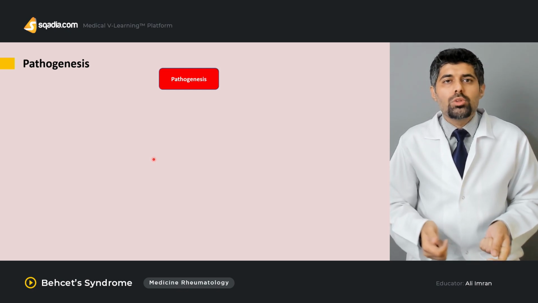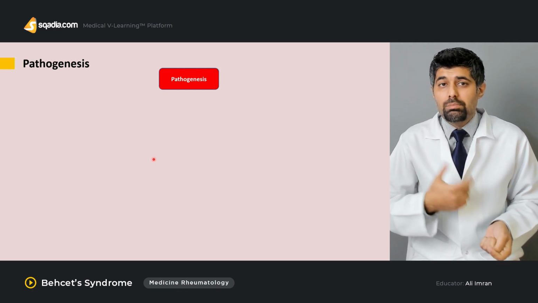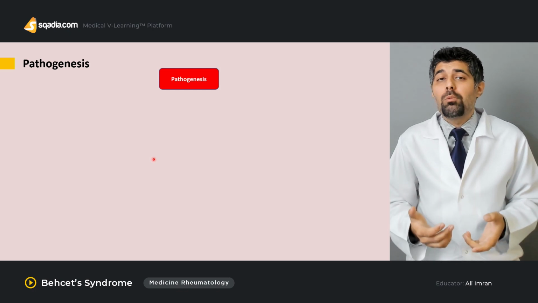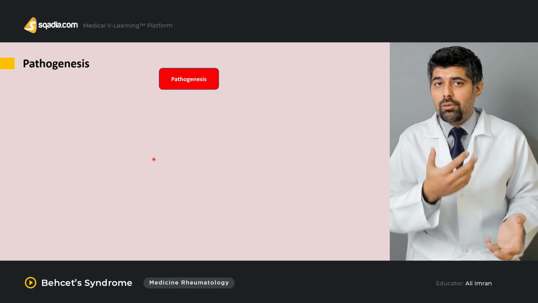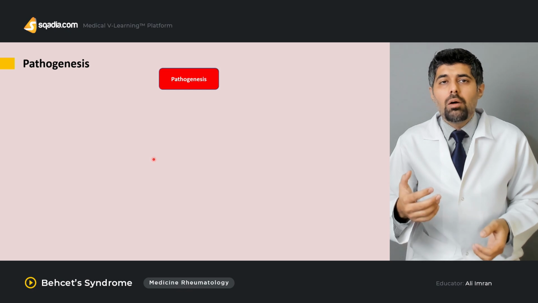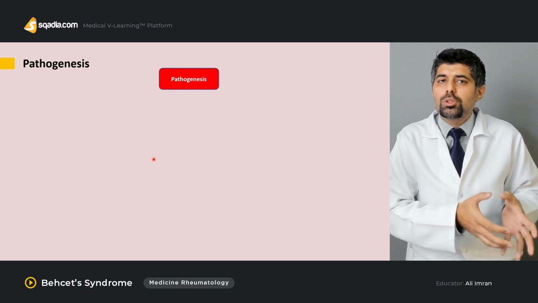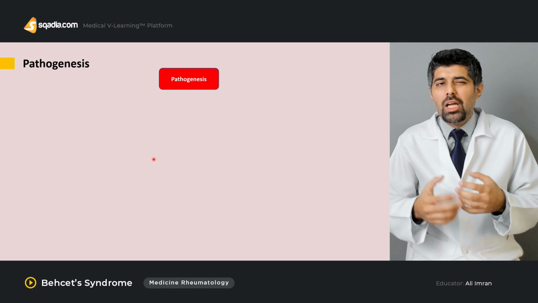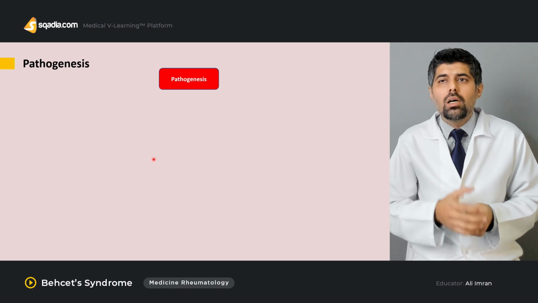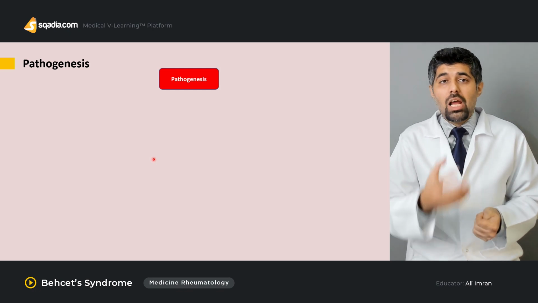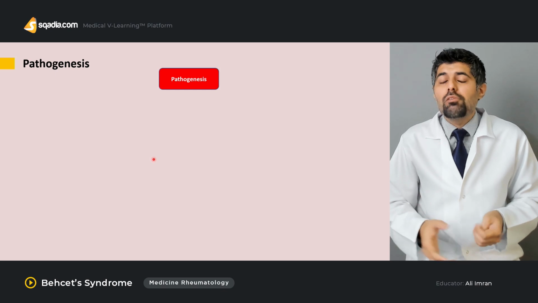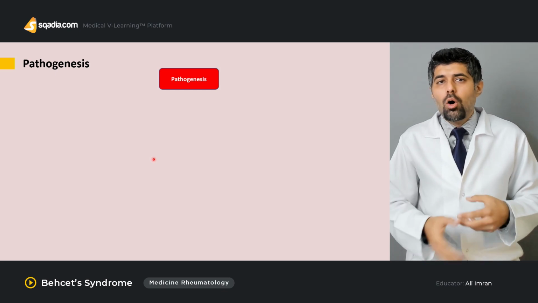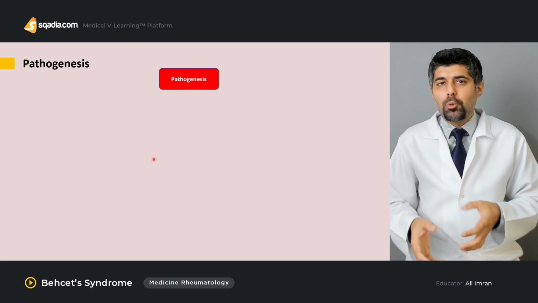So all those who present with HLA-B51 are more prone to having this disease, along with those patients who produce antibodies against this enzyme called alpha enolase, which is usually found in the endothelium, or selenium binding protein.